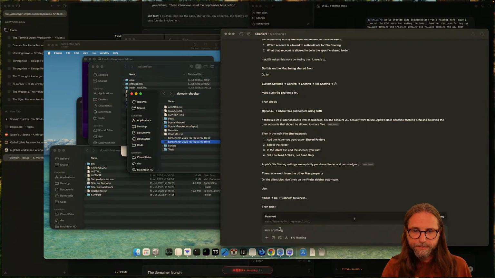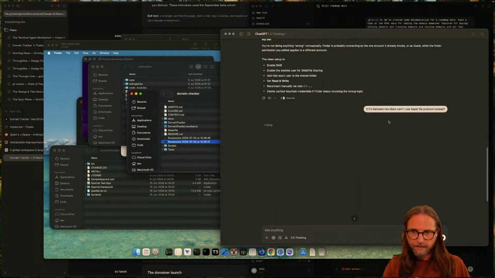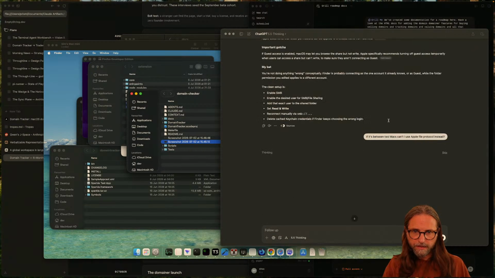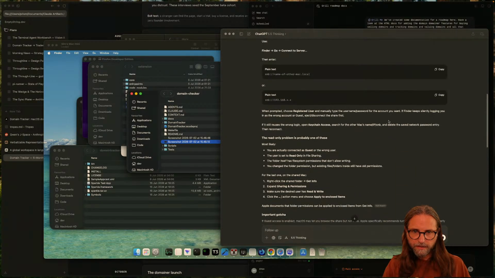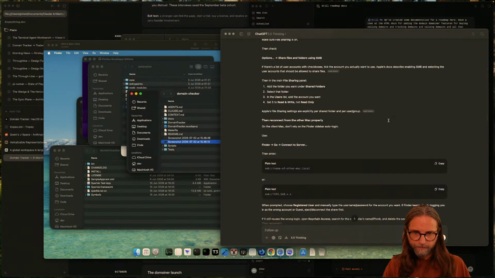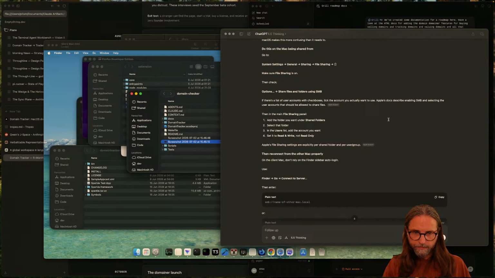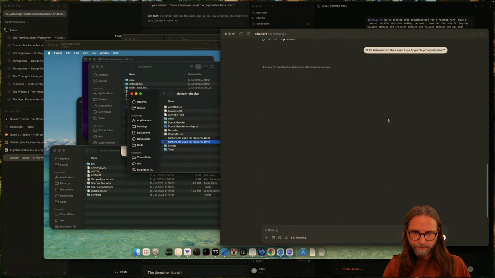If it's between two Macs, can't I use Apple File Protocol instead? Let's just try that while we wait.